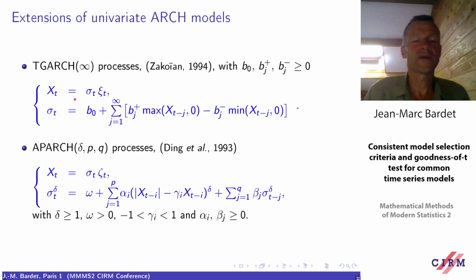For instance, we can add the T-GARCH or TARCH processes, which were defined by Jean-Michel Zakoian, and which is a possibility very close to GARCH process, except that sigma t has not exactly the same behavior when the past values of xt are positive or negative.